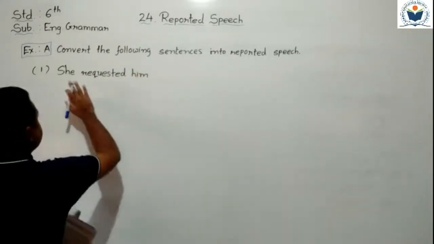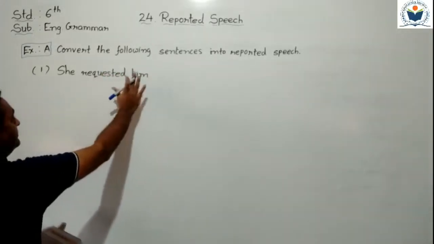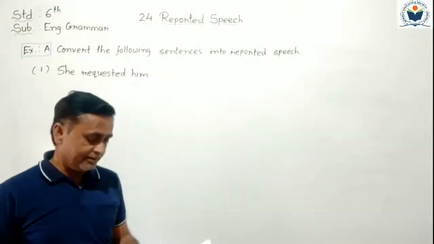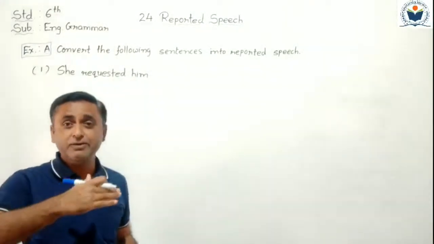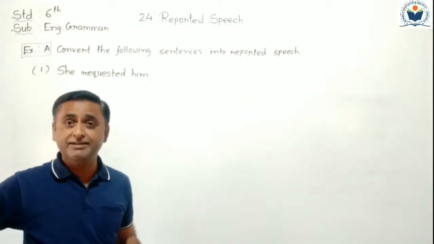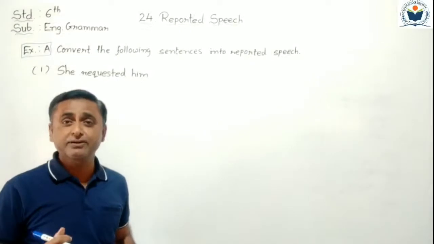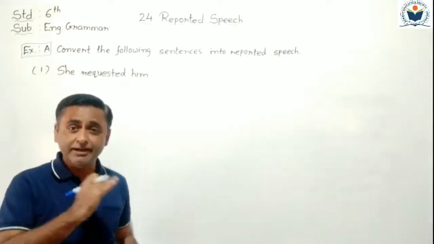Till here: subject, reporting verb, object over. Now we have to remove the inverted commas and comma. Okay, and we have to make changes according to the tense. Then pronouns we have to change, time related words we have to change. All the changes we have to do and complete it.